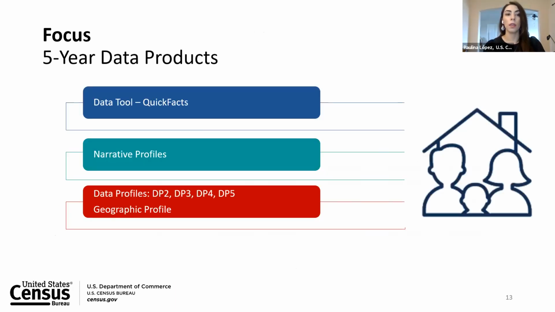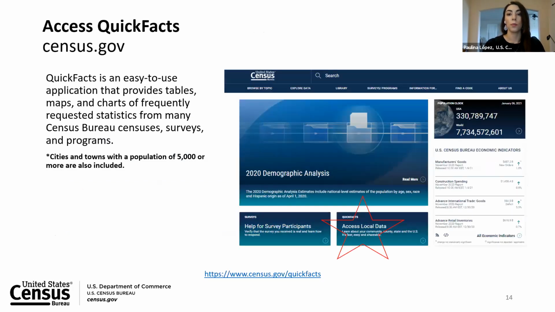So, working on the 5-year data products that we'll be taking a look at today: first is QuickFacts. We'll also take a look at the narrative profiles and then the data profiles on data.census.gov. Before we go into the live demo, a very quick overview: QuickFacts is a very easy to use application that provides tables, maps, and charts of frequently used statistics.